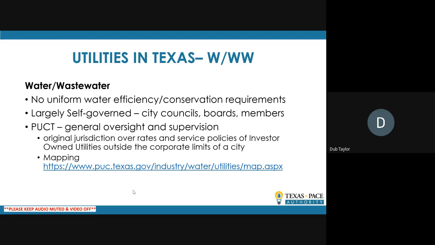The PUC has general oversight and supervision over certain water and wastewater and sewer utilities, but in most cases, you have a city, a county, or a local governmental entity that has that operational jurisdiction. There is an interesting mapping tool the PUC has on its website that allows you to look at the entire state, but then drill down to zip codes, cities, and different areas to see which type of provider is covering which part of the state. And the link to that is there.